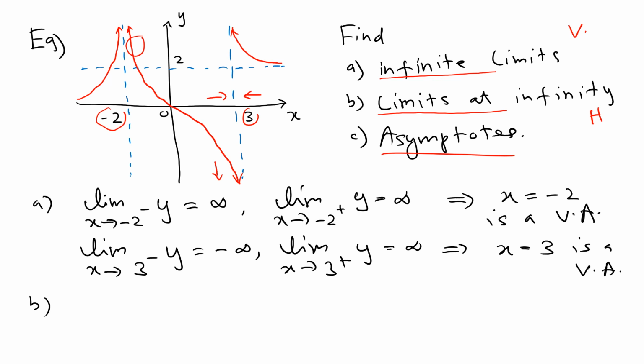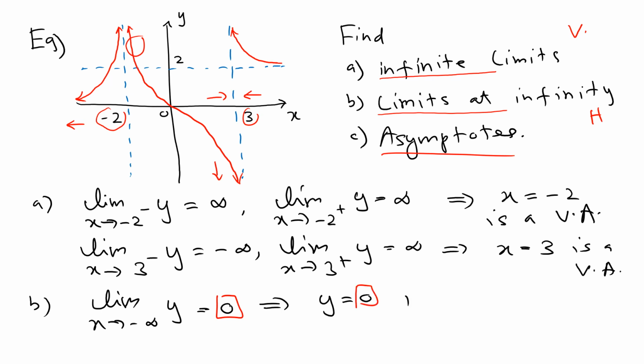And also you can see part B. So we are also answering part C at the same time. Part B says the limit as x goes to negative infinity of y. And you can see if x goes to negative infinity, like this way, the function reaches the value 0. So that implies that y equals 0 is a horizontal asymptote.